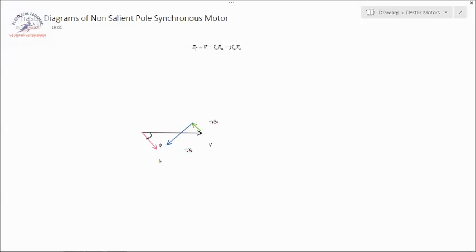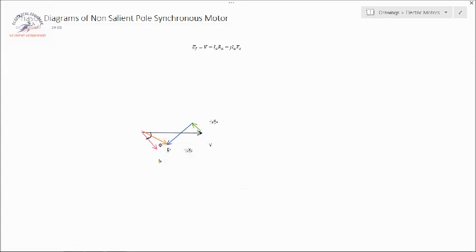So EF is equal to V minus IaRa minus j IaXs. In the phasor diagram I am not writing j, because the diagram already indicates lagging or leading by 90 degrees. So this vector E will be here. We call it EF, which is the counter EMF.